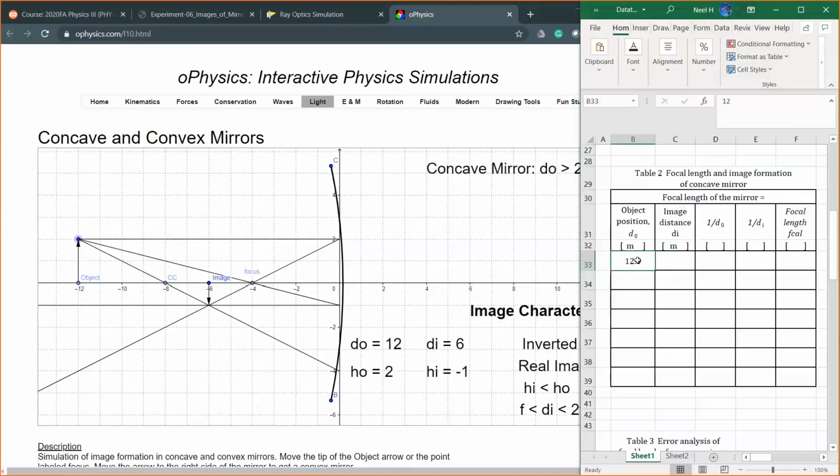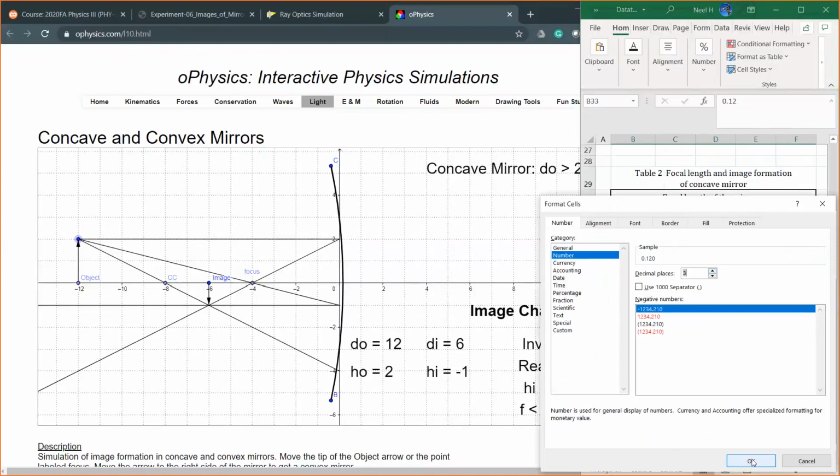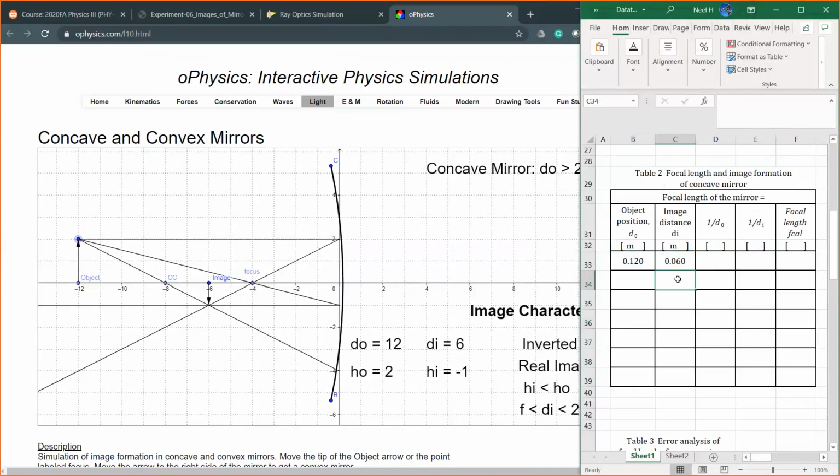I should use the unit meters, so the object location is 0.12, and the image location is about 0.06. I can use at least 1 decimal place in terms of centimeters, which means 3 significant figures, so let's use 3 significant figures for all of these.